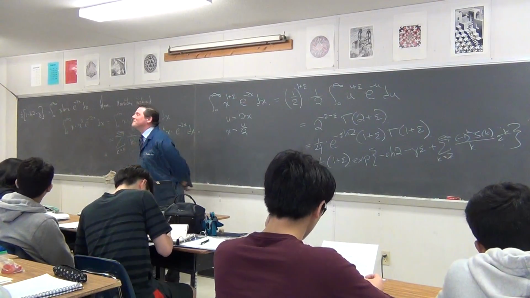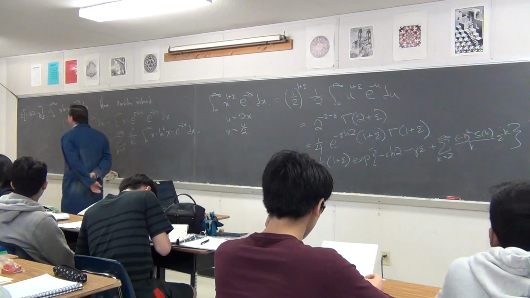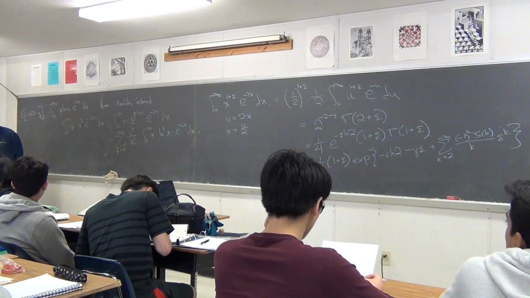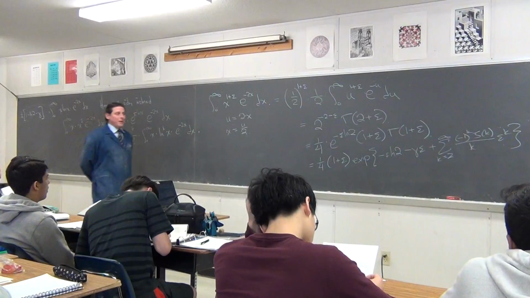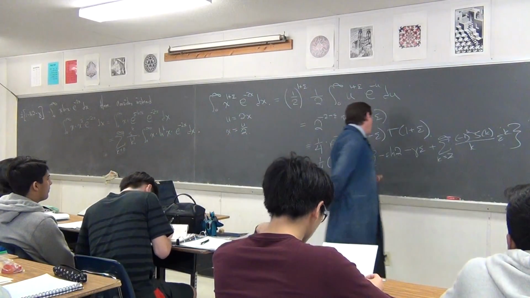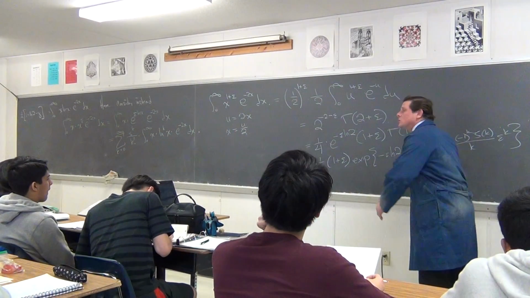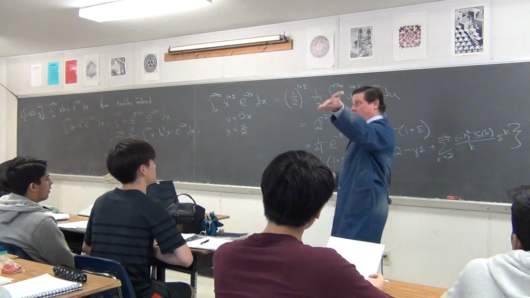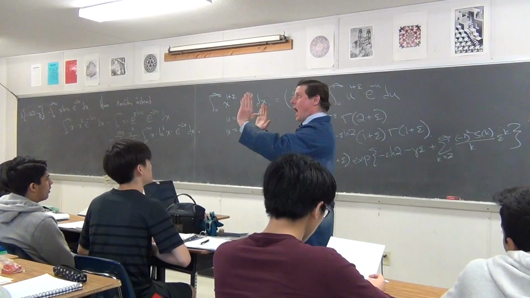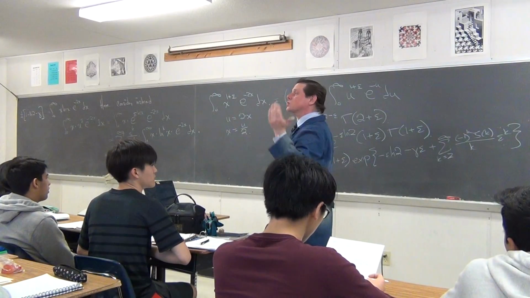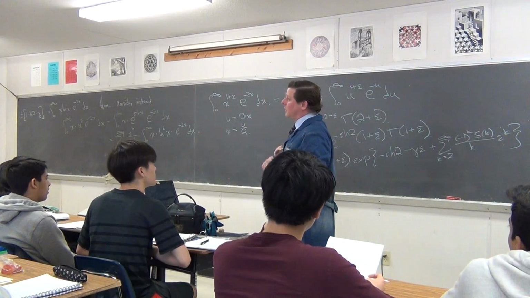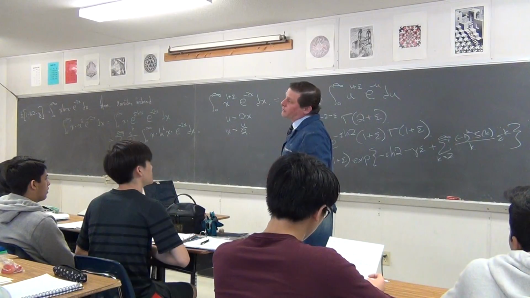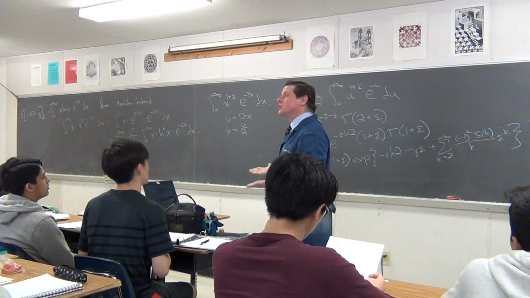All right. Yes, ma'am. So how did you get the 1 minus log 2 minus...? All right, so let's go ahead and do our expansion. Remember that this is e to the box. So therefore it will be 1 plus box squared over 2 factorial plus box cubed over 3 factorial plus so on and so forth.